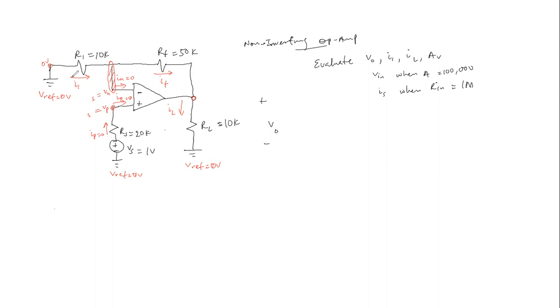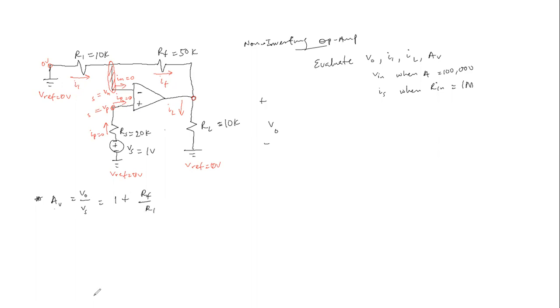Now, if we take the first point, we already know that the closed loop gain is the same as the ratio of the output voltage to the source voltage for the non-inverting op-amp, which is the same as 1 plus RF over R1.